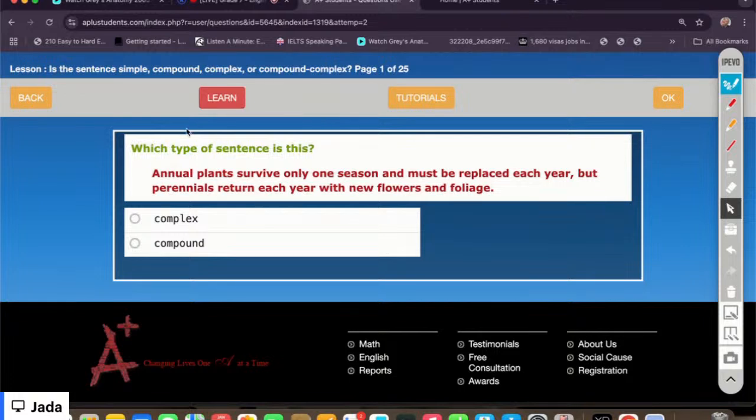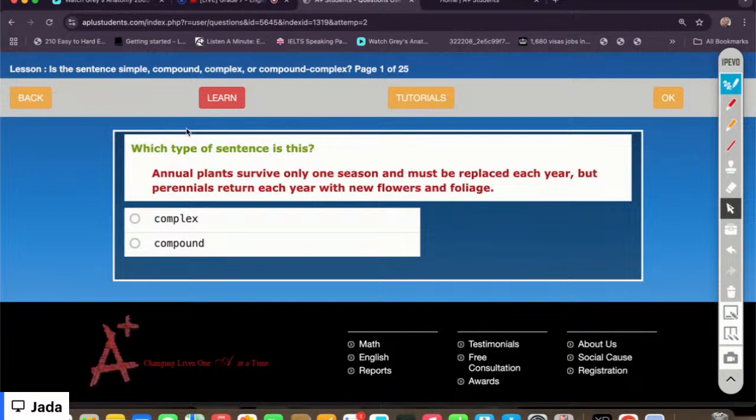So we have the first question, which says, which type of sentence is this? We have to decide what sentence this is. "Annual plants survive only one season and must be replaced each year, but perennials return each year with new flowers and foliage."